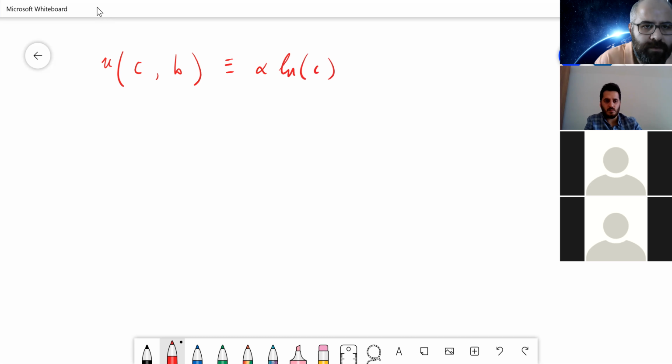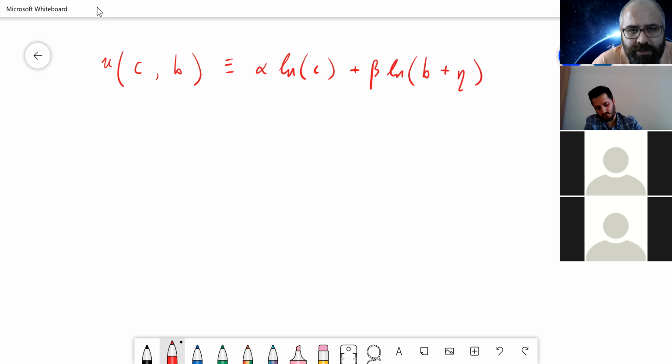There is the consumption part and there is the bequest part. And let's assume that if an agent leaves no bequest to his or her kid, then utility is not negative infinity. Because if bequest would be 0, the utility could go to negative infinity. Remember the logarithmic function. It's like this.